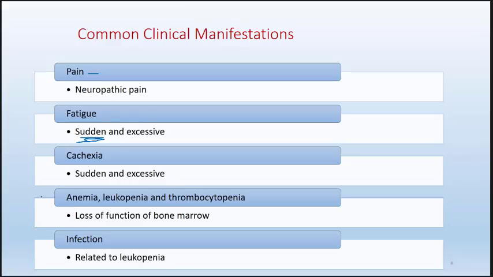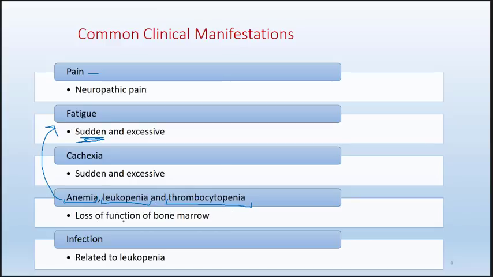Anemia can occur, and this actually can lead to fatigue if you're anemic. So that's a reduction in red blood cells. There can also be a reduction in white blood cells, referred to as leukopenia, as well as thrombocytopenia, which would be a reduction in the amount of platelets.